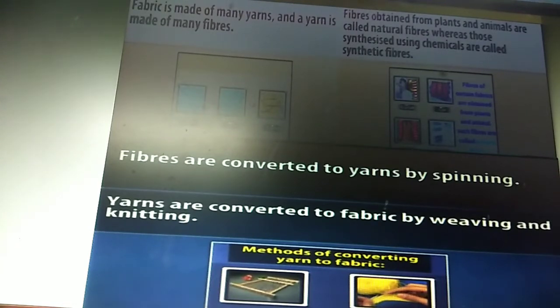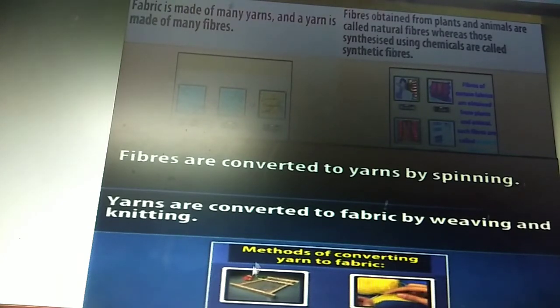See, here we are seeing cotton, jute, nylon, acrylic. These are all fibers converted by the process of spinning. They will be converted into yarns, and yarns are converted into fabric by the weaving process.